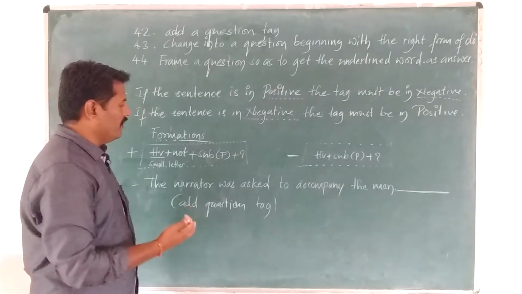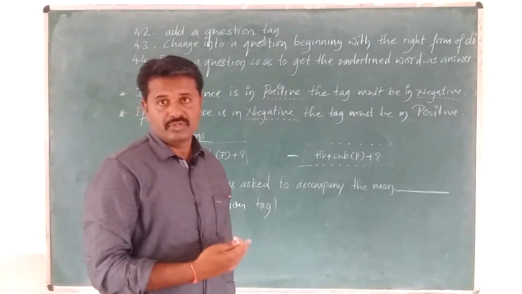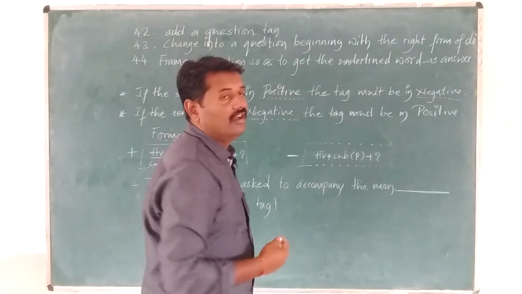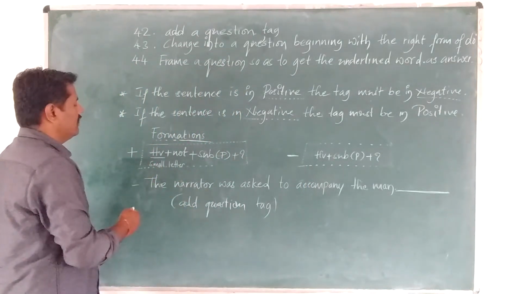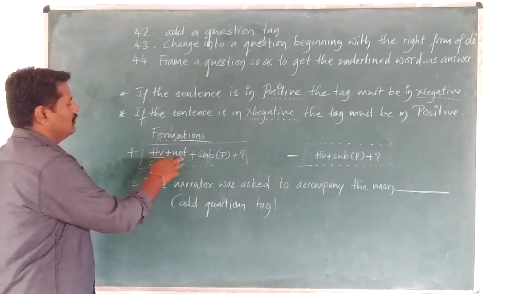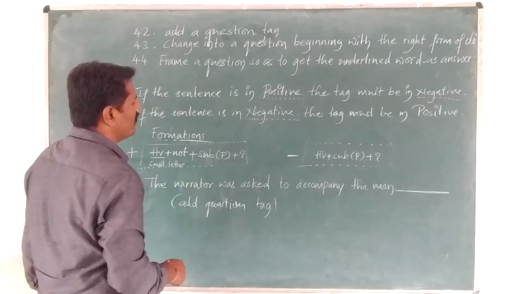Here there is no negative sense, so we consider it as a positive sentence. If the sentence is in positive, the tag must be in negative. So first we adopt the tag formation of positive statements: helping verb, not, subject in pronoun, and last the question mark.